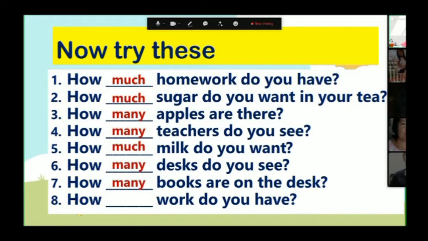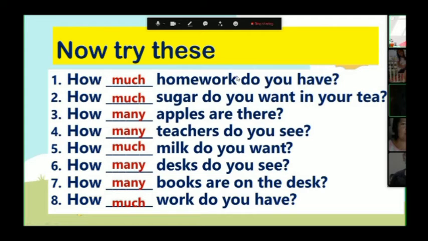Many books. And next, number eight. How much work do you have? Very good. So as you can see here, for example, homework, sugar, milk, and work.